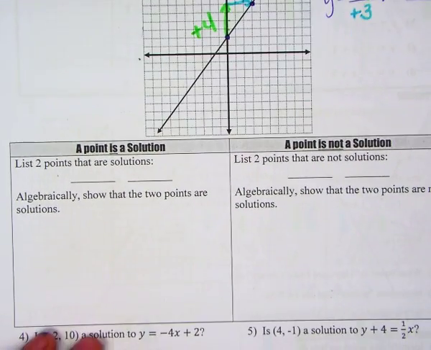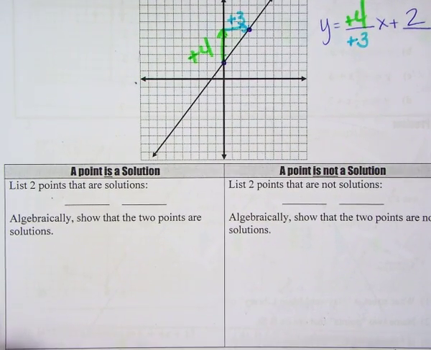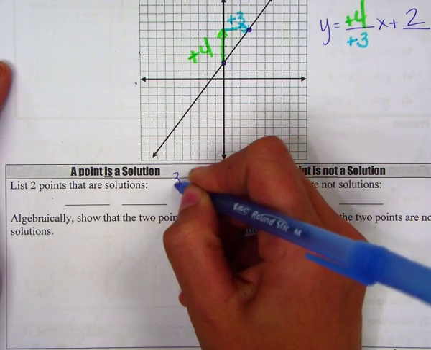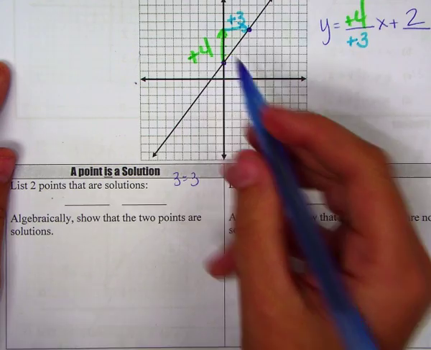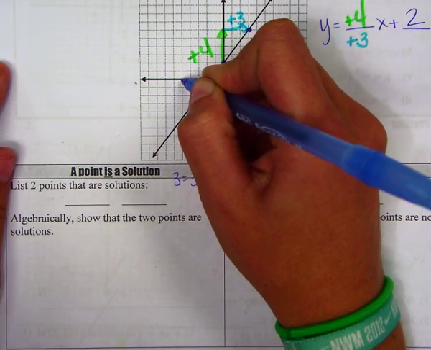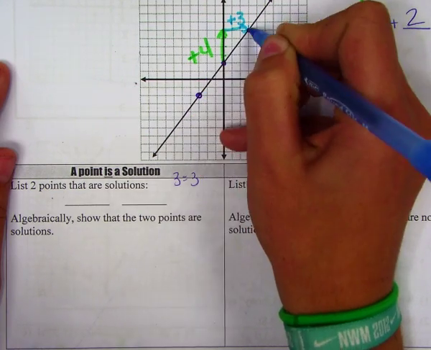If a point is a solution, we're going to see what that looks like algebraically: it makes the equation true. 3 equals 3, 2 equals 2. Two points that we can use. I'm going to choose some more difficult points for my demonstration, like that one there, and those two.